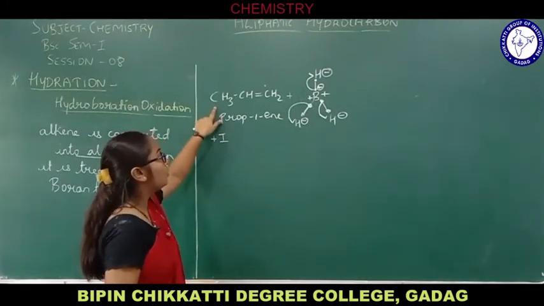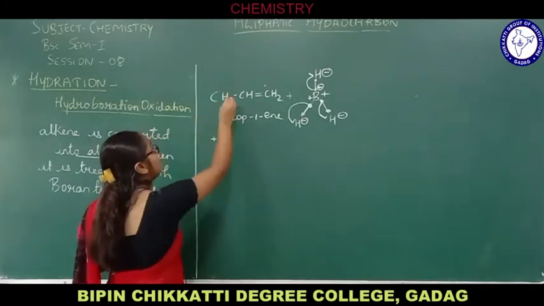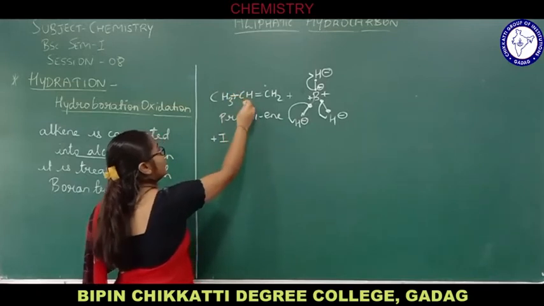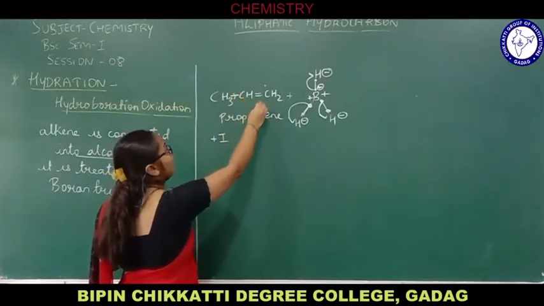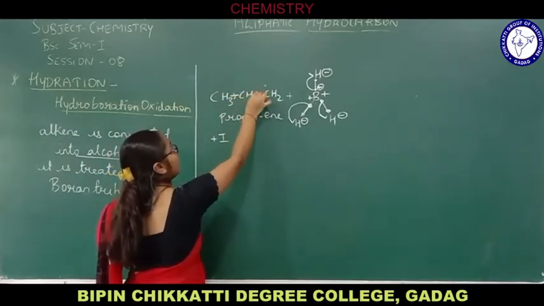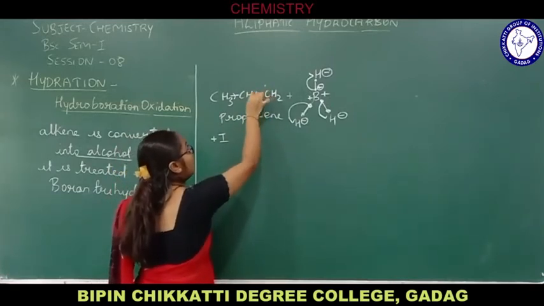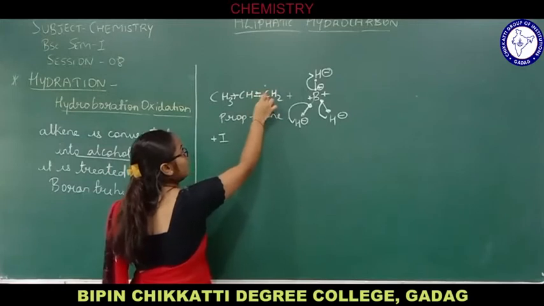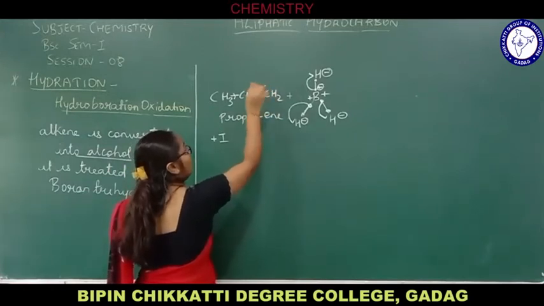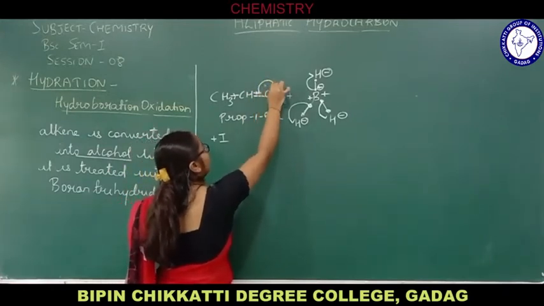So the methyl group will try to donate its electrons towards this CH group, and as the electron density becomes more and more, the bond between the doubly bonded carbon atoms will break and one carbon will acquire a negative charge.